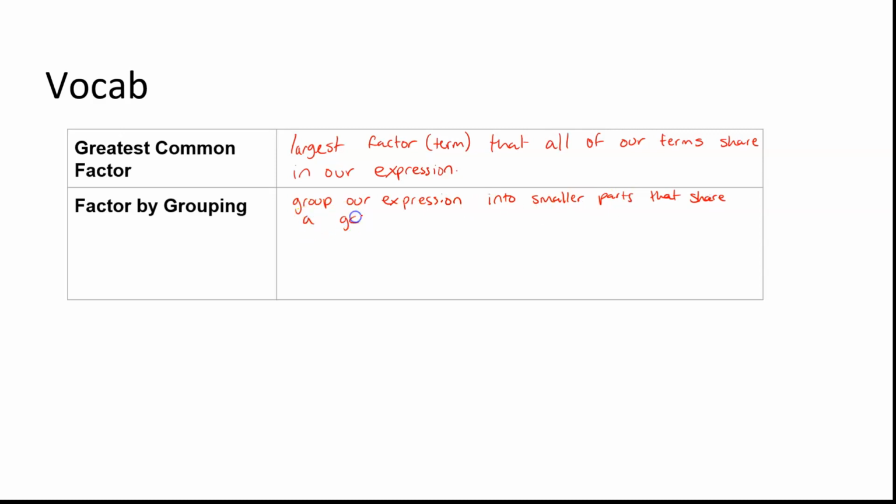A GCF, or a common factor. Okay? And we typically do this when there is an expression that doesn't have a GCF by itself, so we use it when there is no GCF in the larger expression.